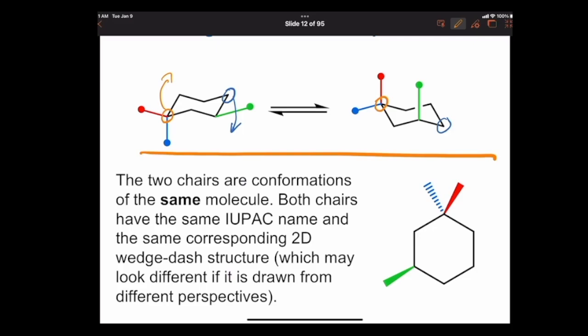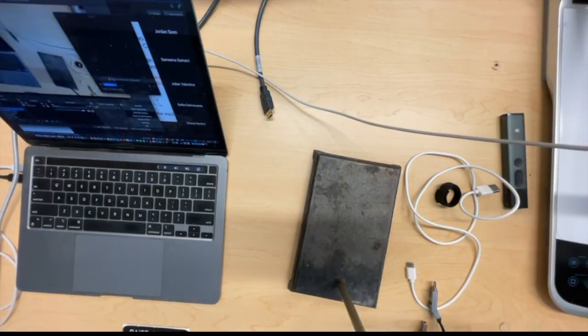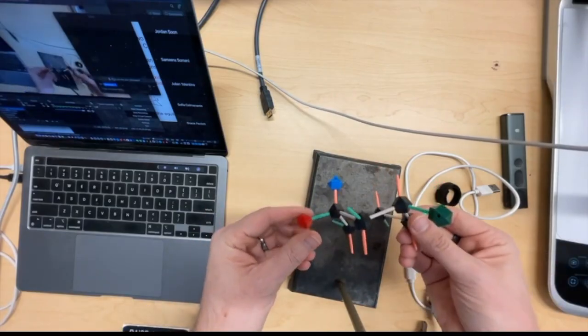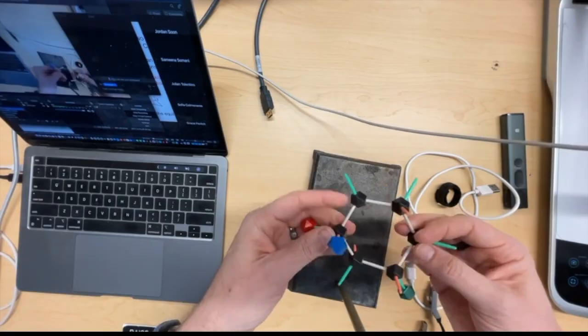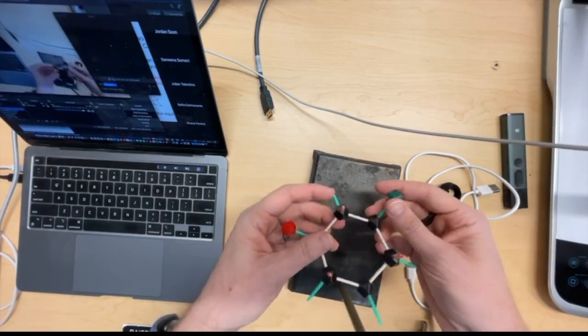So let me actually build this same molecule, same colors. So we're going to do blue, red, and I need a green. Okay. All right. So as we started out, here is the chair structure. Whoops. Yep. Hold on.